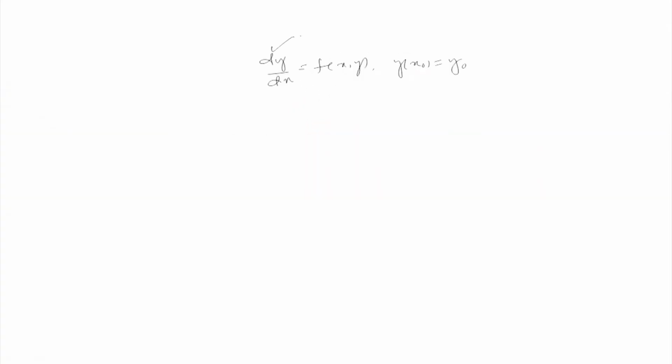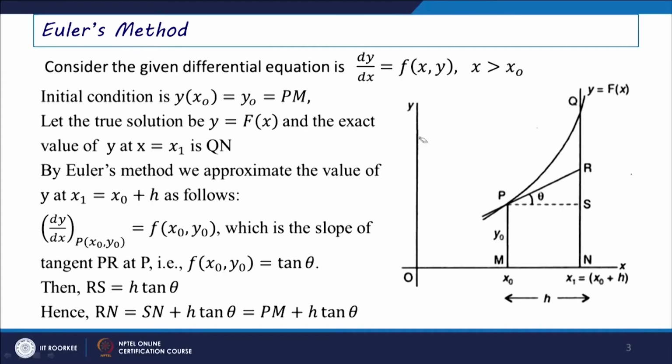If a curve is given, at certain points we have this differential representation. This means the differential equation is satisfied at the point x0, y0. At that point it forms a slope with the tangent line, and based on that we can derive Euler's formula.